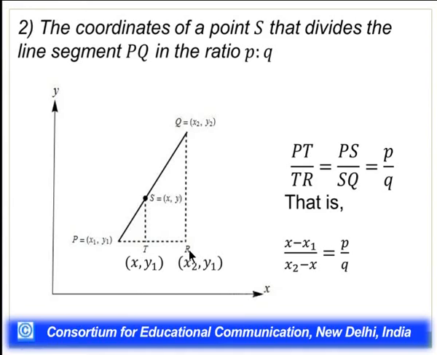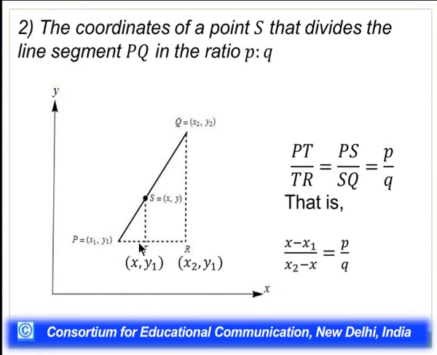Alternatively, you could also use the result from similar triangles, because here we have the case that triangle PST is similar to triangle PQR. So therefore, PT by TR is equal to PS by SQ, and that is equal to p by q.